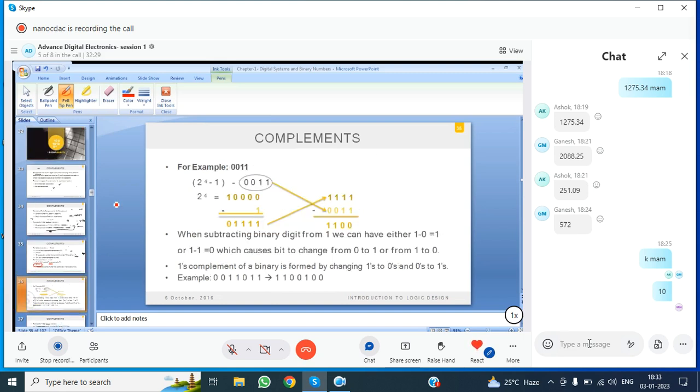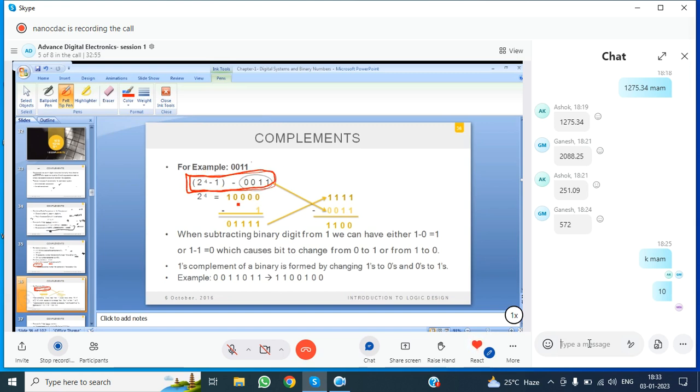Now you see here, the complement: 2 power 4 minus 1 minus 0011. This is the one we need to perform. If you want to perform this particular subtraction, first we do it in the form of complement.